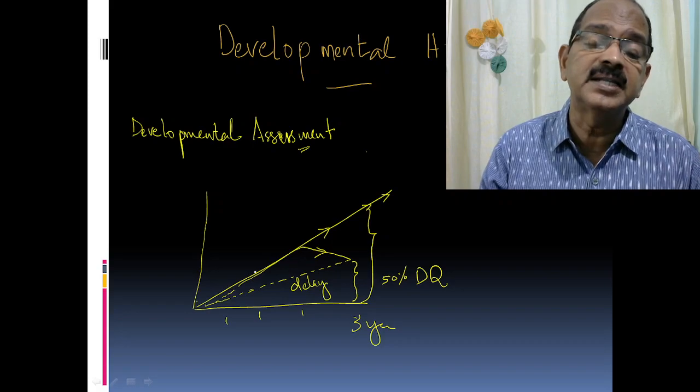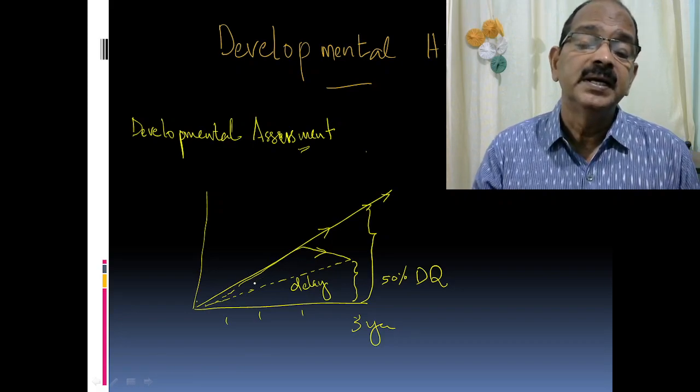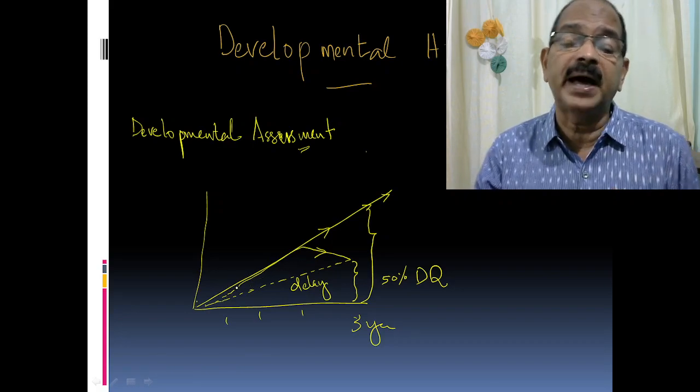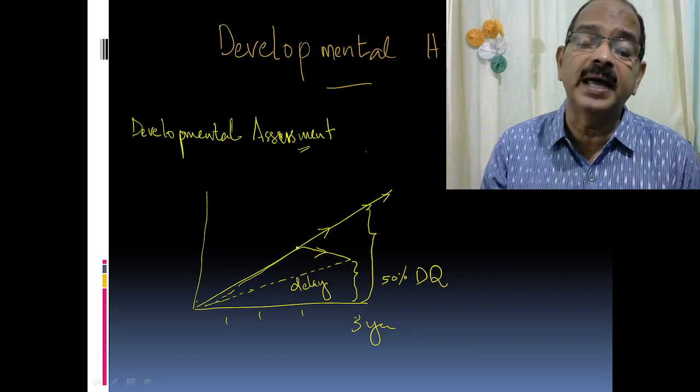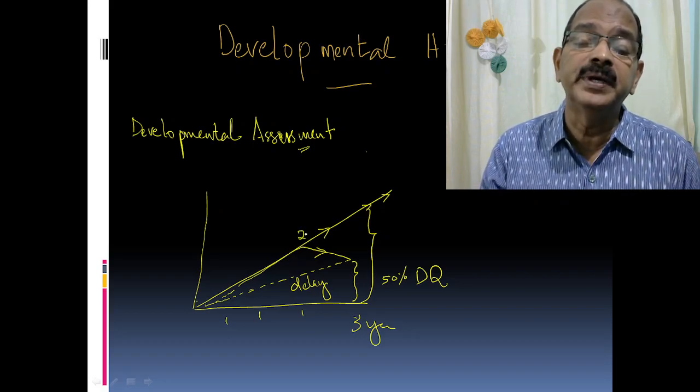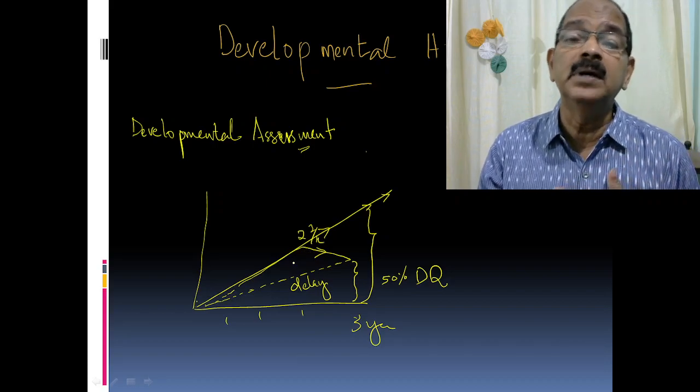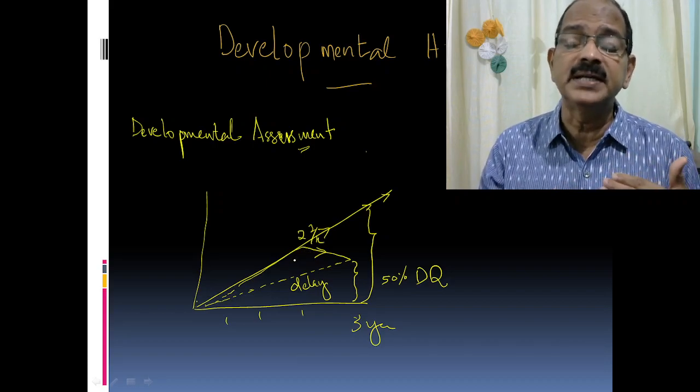This is another situation where he was performing much better, parallel to the normal child up to maybe 2 years and 2 months. So he was perfectly normal, comparable to a sibling of his age. But what happened?